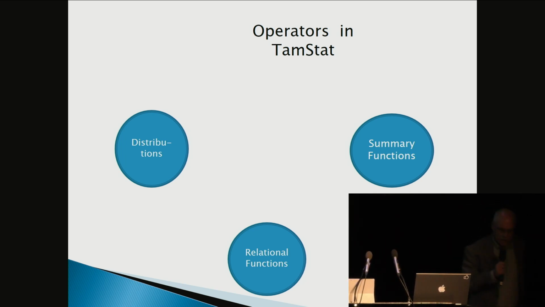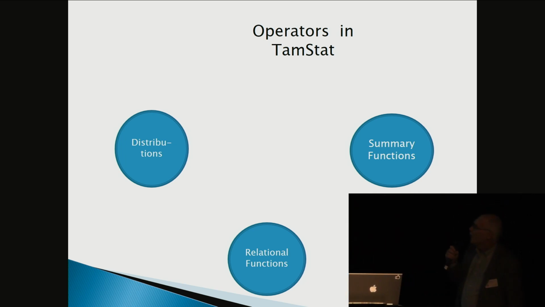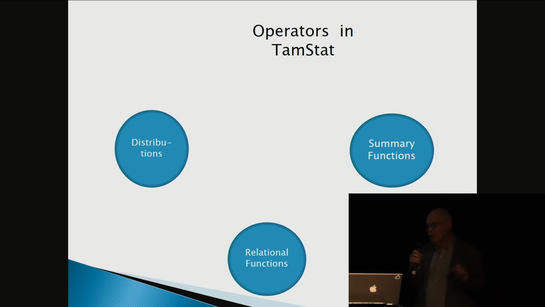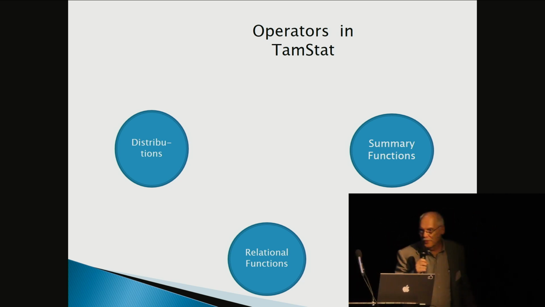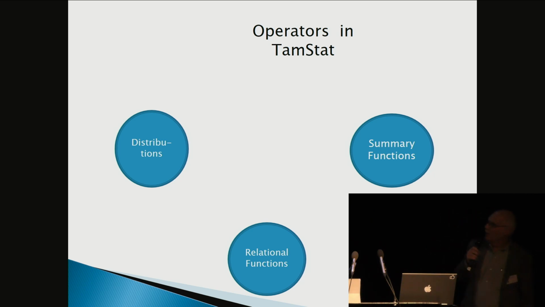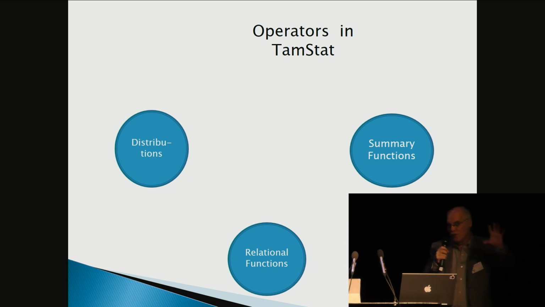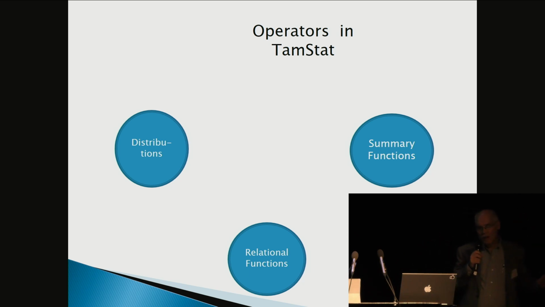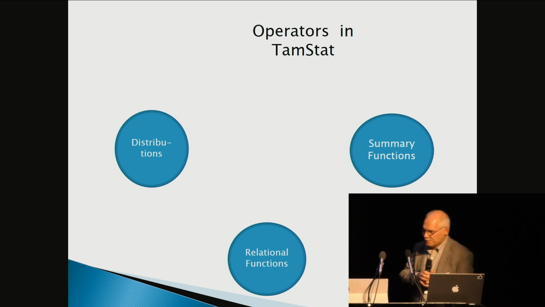We're going to talk about operators in TamStat, and basically we have three types of functions. We have distributions, summary functions, and relational functions. The logical functions I'm not really going to look at this time, but they are used in statistics. But the idea is that we take these various functions and we tie them together using operators.